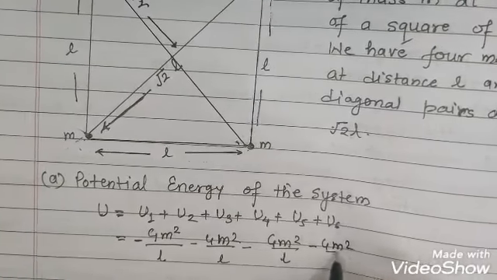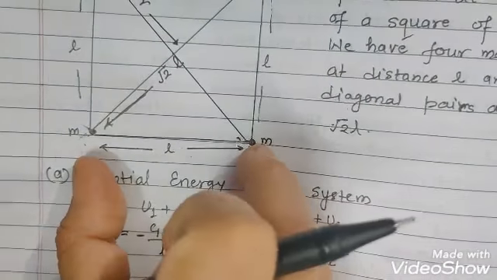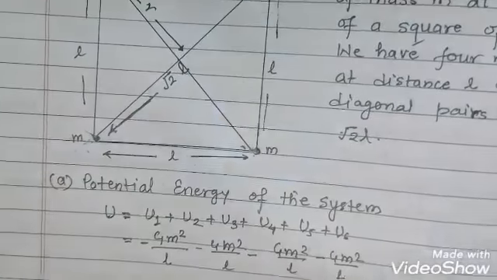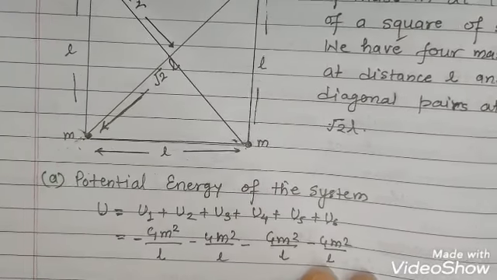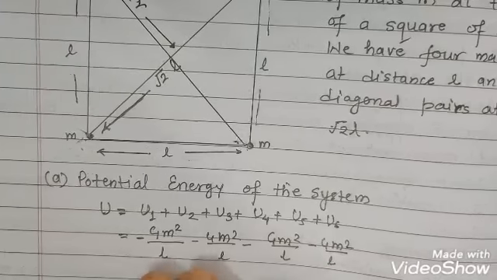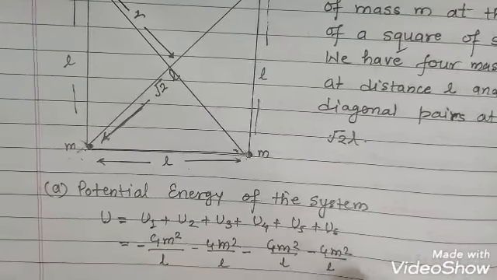The second is for this pair, the third for this pair, and the fourth for this pair. We know that potential energy is a scalar quantity, so we can simply add U1, U2, U3, U4.